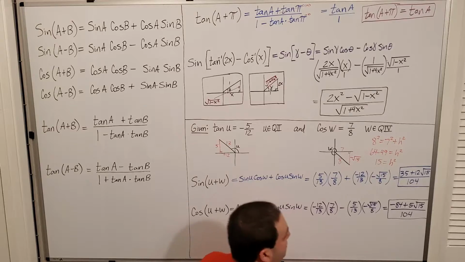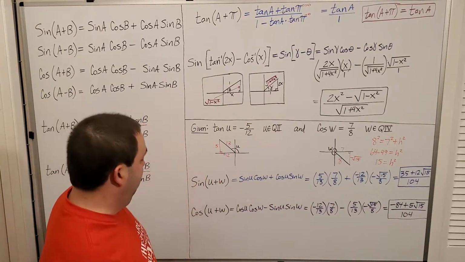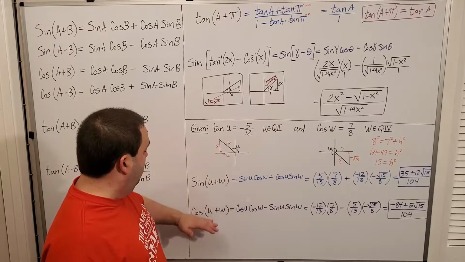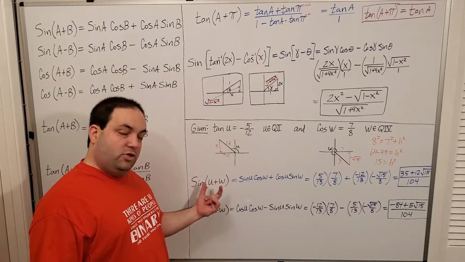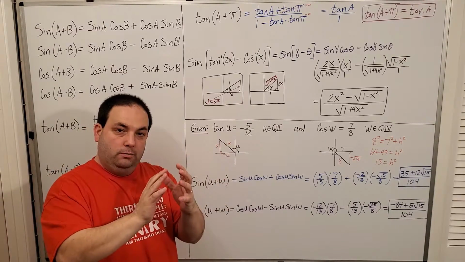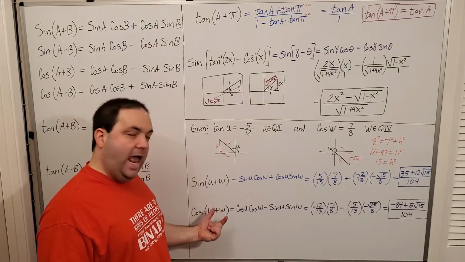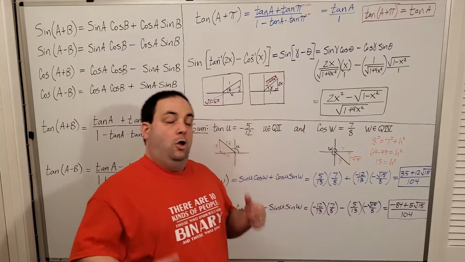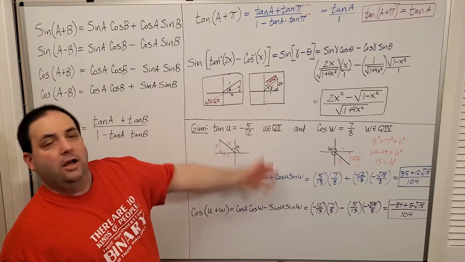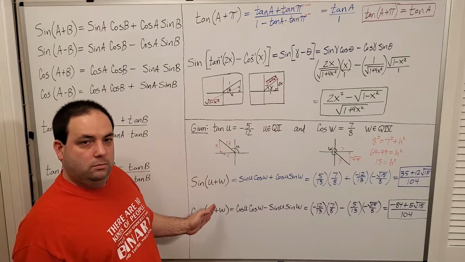So real quick, there's actually more that we can determine here than just this. Now that we've gotten the sine and the cosine of this angle. Now remember, the angle I'm talking about is u plus w. That's one angle, u plus w. Now whatever that angle is, I have its sine and cosine now. Well, that means I could probably find any other ratio of that same angle, right?